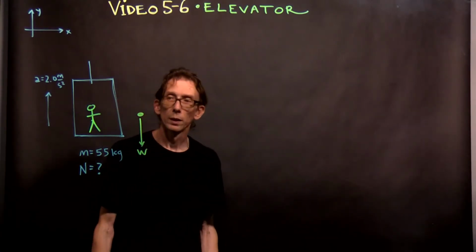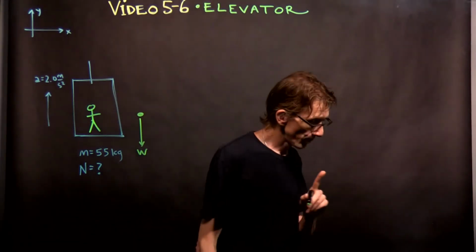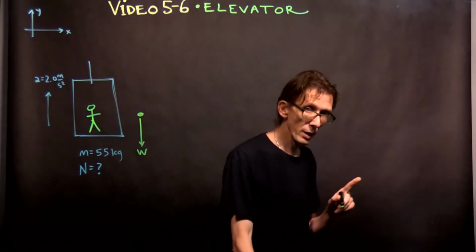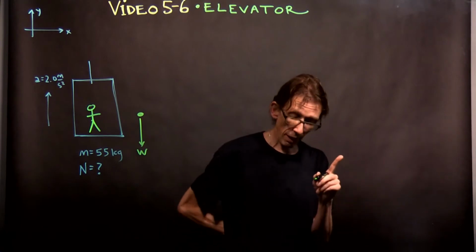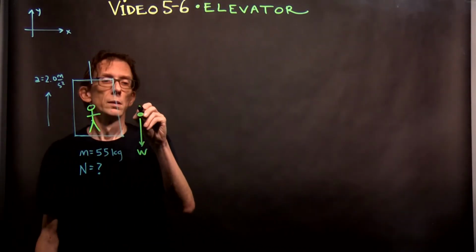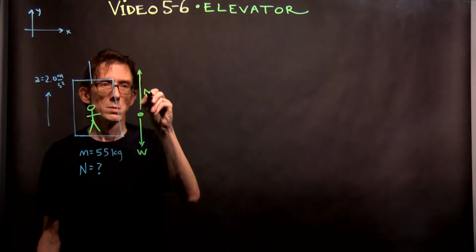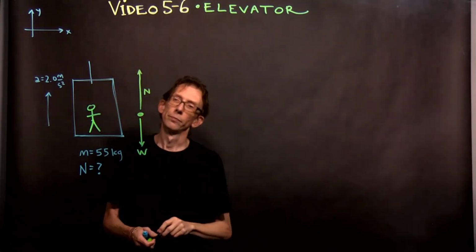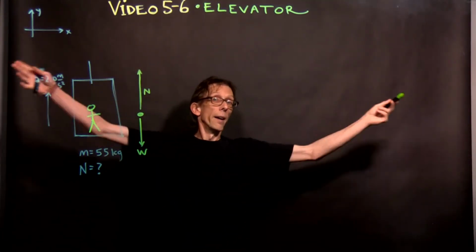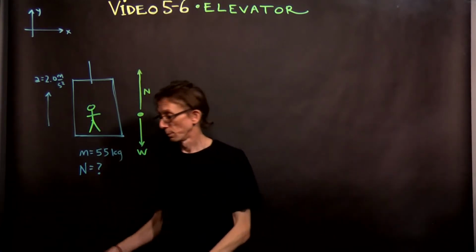Can't avoid it. Another force acting on you is what? Class? The normal force, right? The floor pushing up on you. And that's it. Those are the only forces acting on you.